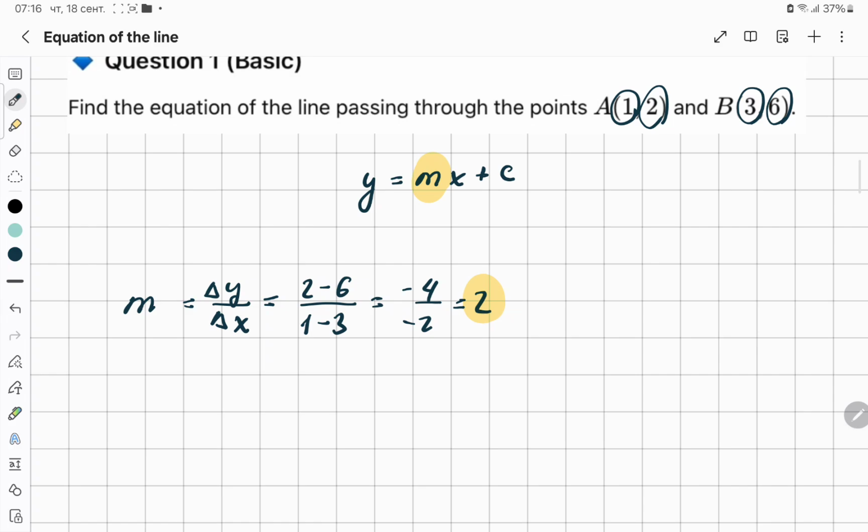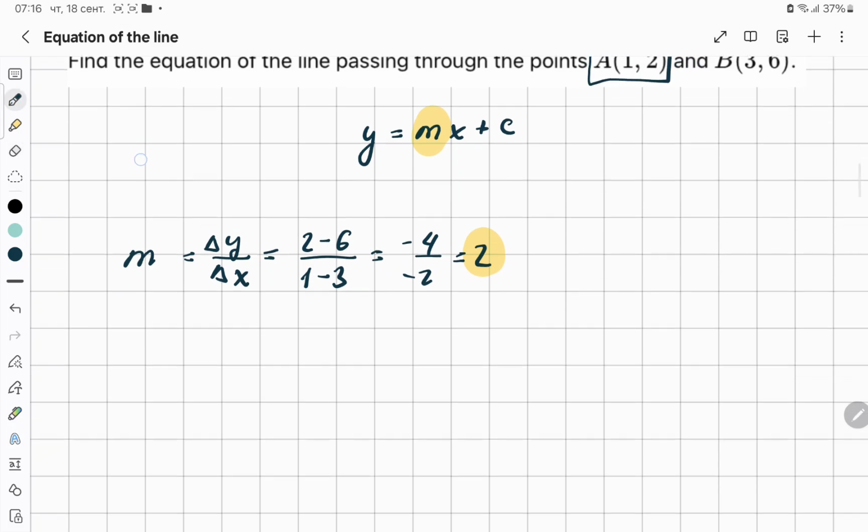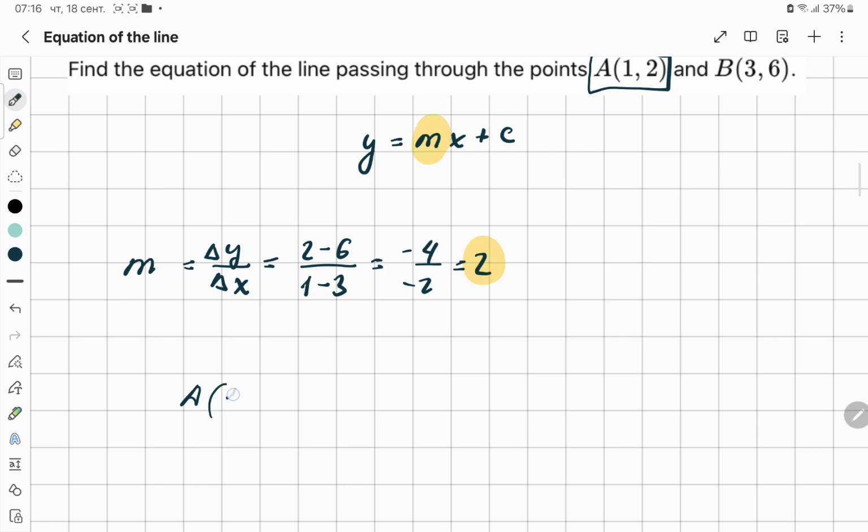And now we should find the y-intercept. How do we find c? We can take either of these points. Let's say the first one. We can also use the second one, it doesn't matter. So let's use point A, (1, 2).